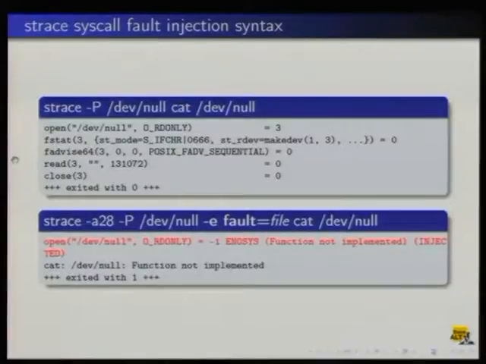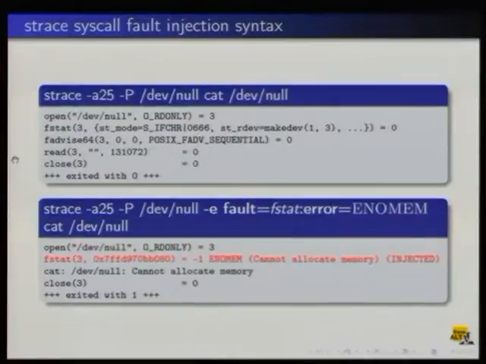And let's now fail one syscall after another and see how cat is handling this. Starting with open, but well, open we've just seen what's going to happen. So let's go to the next one. The next one here is fstat. Let's inject some plausible error. Fstat is not likely to fail, but well, what's going to happen if it does?